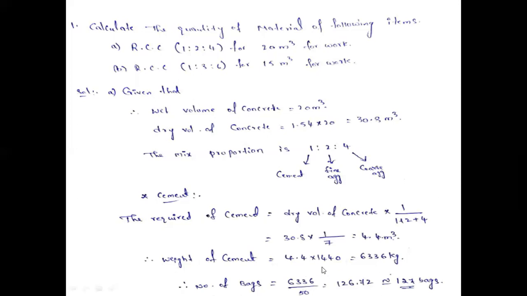So 4.4 multiplied with density equals 6336 kgs. It is the weight of cement. Then it is converted into number of bags. Number of bags equals 6336 divided by the unit weight of a bag, 50 kgs, which equals 126.72, about 127 bags. It is the requirement of cement.